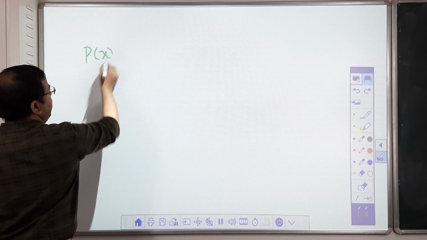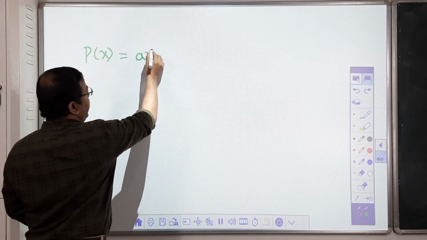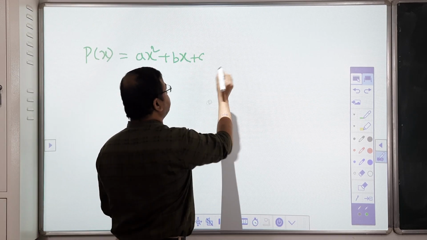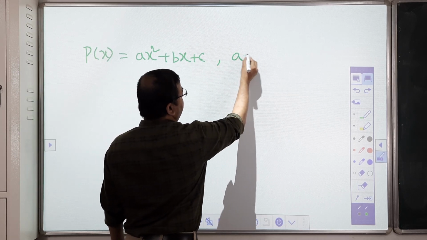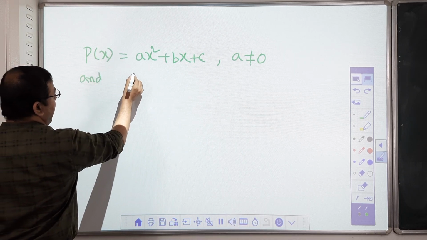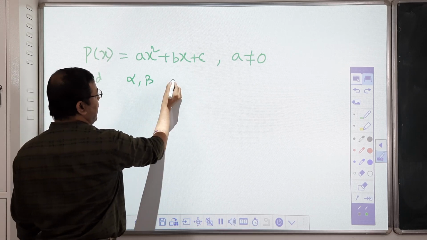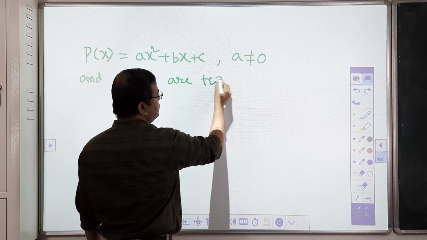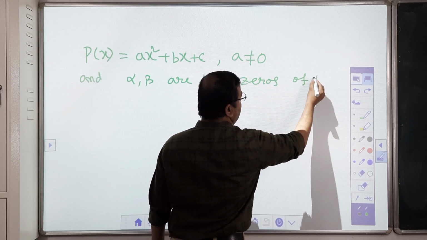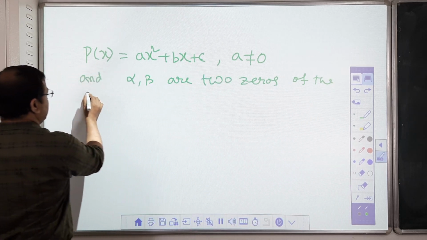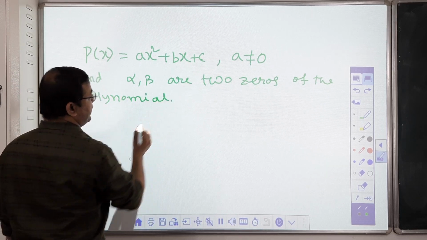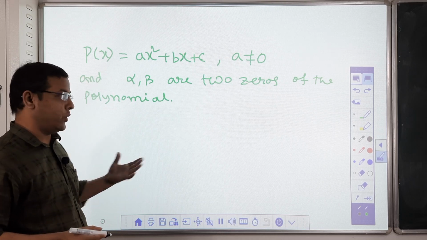If p(x) is a polynomial of the form ax square plus bx plus c, where a is not equal to 0, and alpha, beta are two zeros of the polynomial, then find the relation between zeros and coefficients.